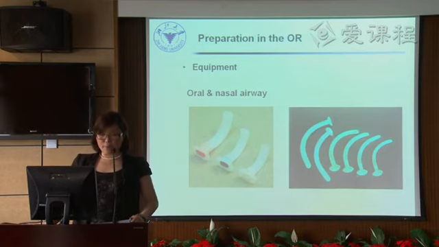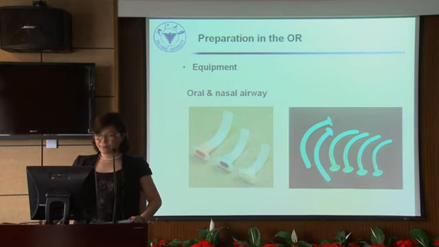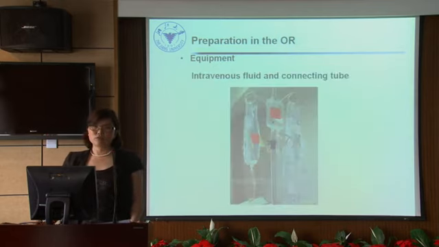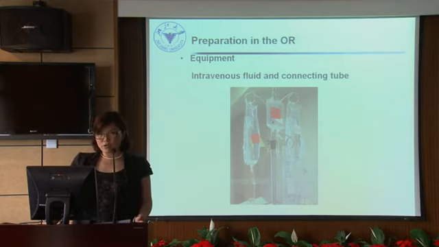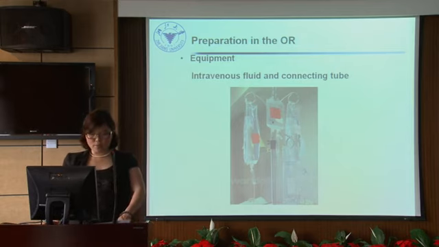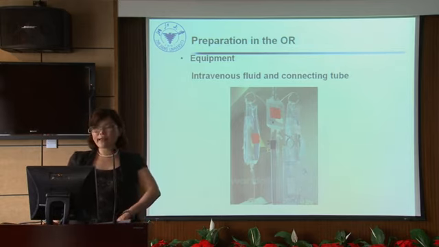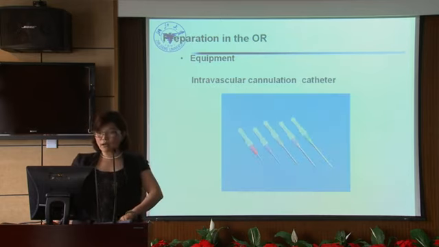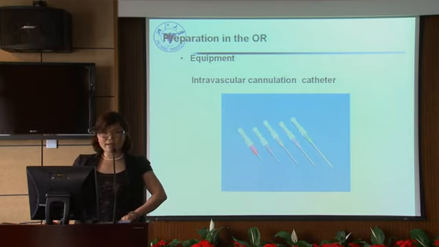And also we should prepare oral or nasal airways and suction catheters. That's very important for some patients with respiratory aspiration. And also we should prepare intravenous fluid and connecting tubes, and also the intravascular cannulation catheter.